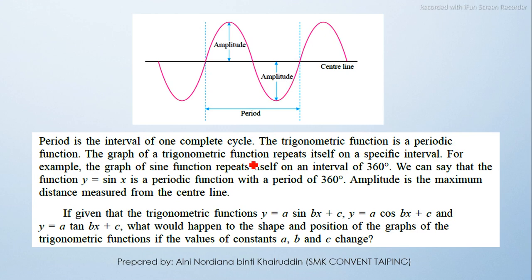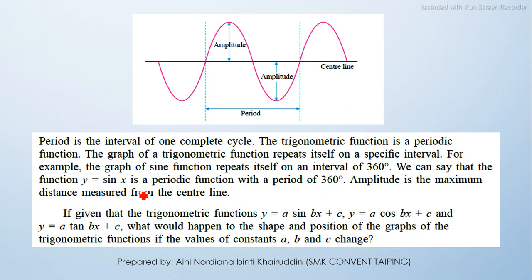The graph of a trigonometric function repeats itself on a specific interval. For example, the graph of sine function repeats itself on an interval of 360. We can say that the function y equals sine x is a periodic function with a period of 360.